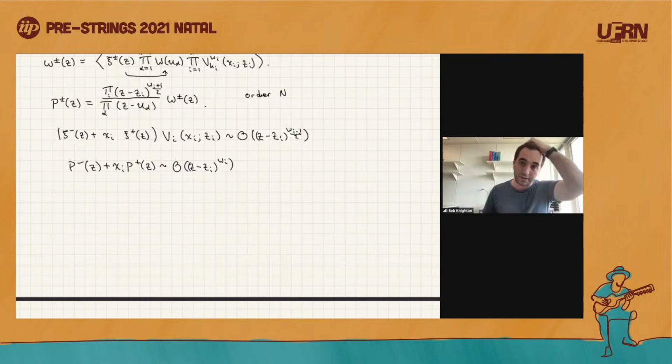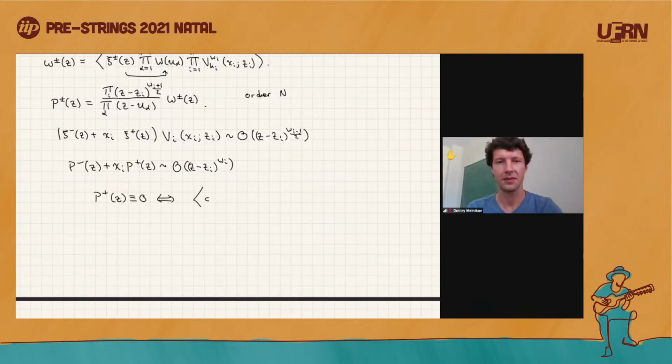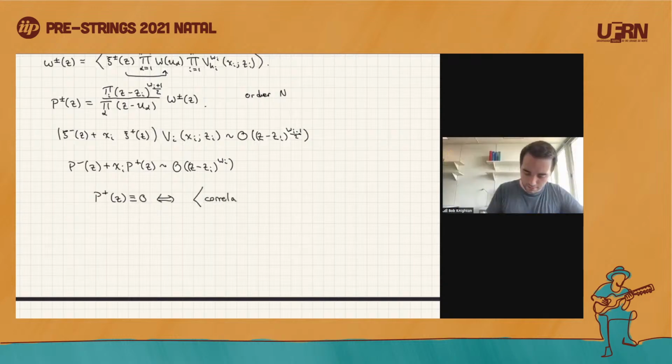And the consequence of that is that the correlation functions without any Xi insertions have to be 0. So if P plus of Z is identically 0, this implies that the correlators without the Xi plus, Xi minus insertions also have to vanish identically.